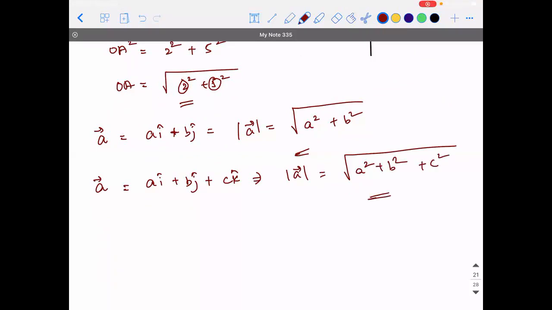Now I hope you guys are able to understand why I did a square root of something over there in the 4th step. Correct? You're able to understand? So this is the formula for magnitude of a given vector in its standard form.